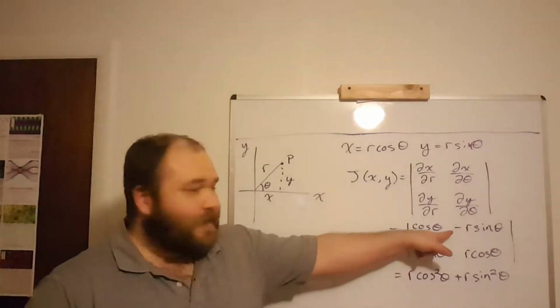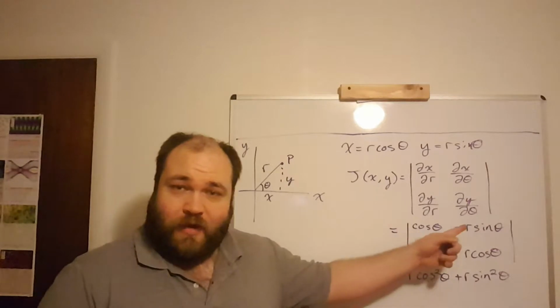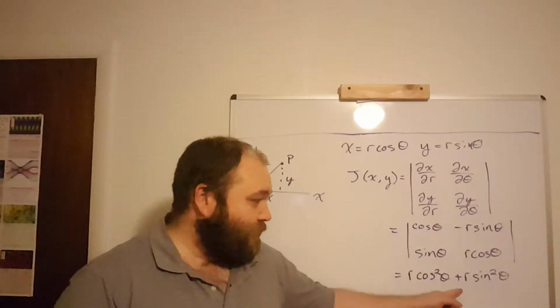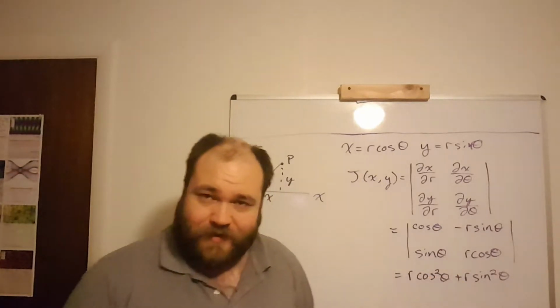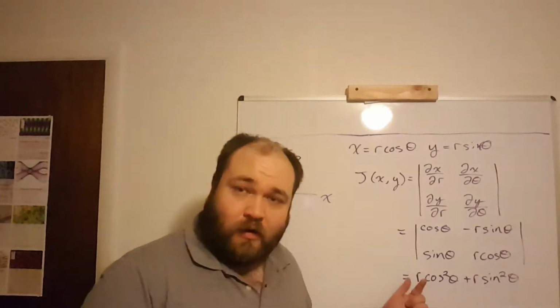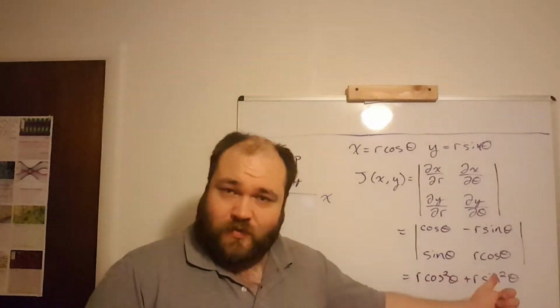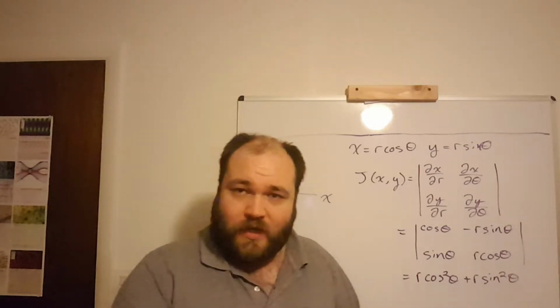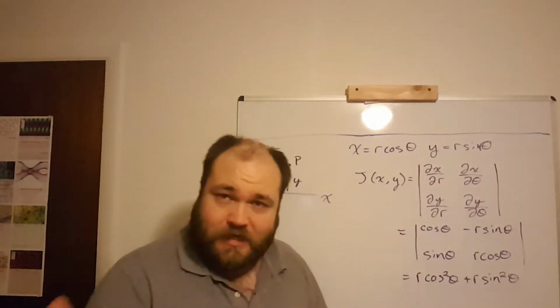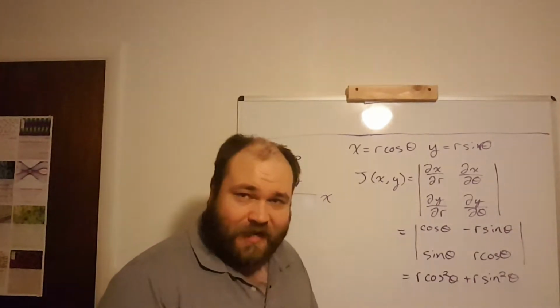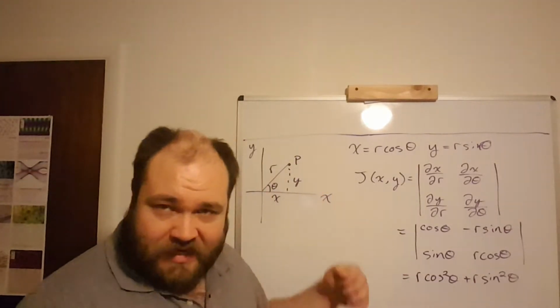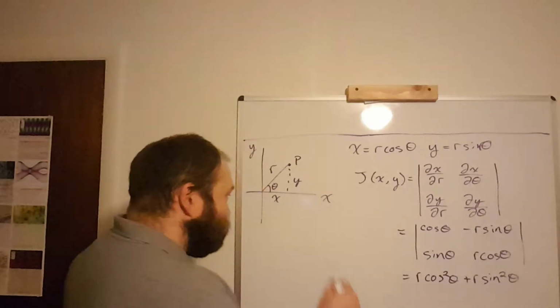And because of this negative right here, we know that when we're subtracting in the determinant, that now becomes addition. And so we have r sine squared theta. Just pull the r out of these terms, and you have cosine squared plus sine squared, which we know by definition is equal to 1, because that is the unit circle. So then we get that the Jacobian of this space is simply r.